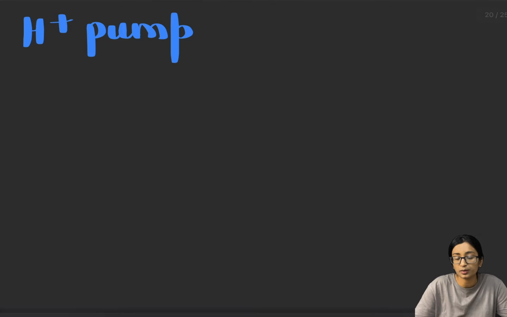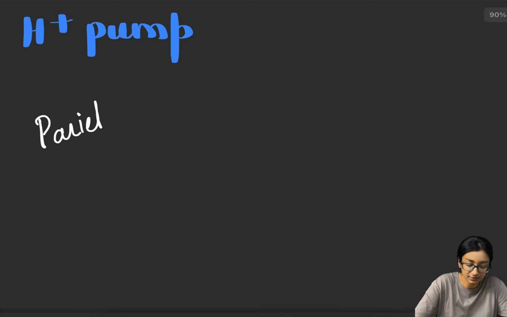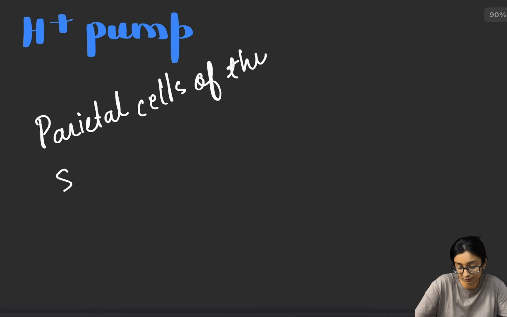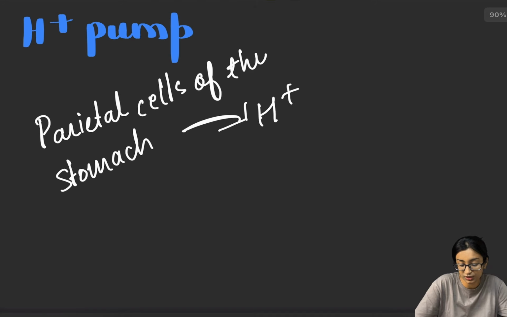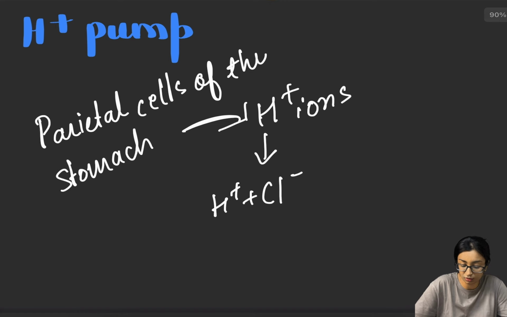The next is the hydrogen pump in primary active transport. The hydrogen pumps are present in the parietal cells of the stomach. They release hydrogen ions, and these hydrogen ions combine with chloride ions, forming HCl in our stomach.